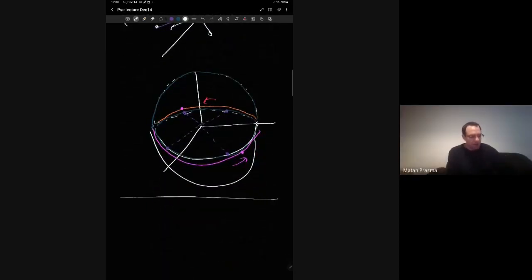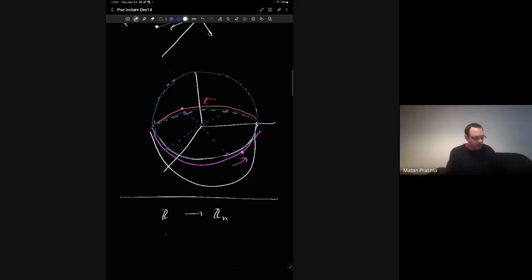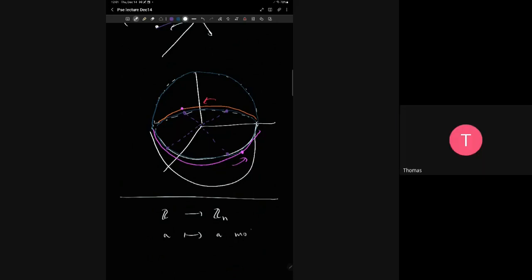We have a homomorphism, let's say from Z to Z mod n, right? This takes a number A and sends it to A modulo n.